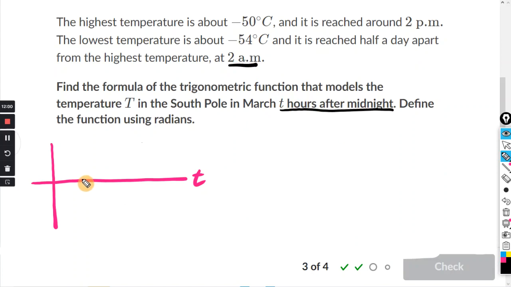All right, so right here, this is going to be a 2 because T is in terms of hours. 2 a.m. is 2 hours after midnight, and that's the minimum at -54. So maybe I'll put the 2 on the top instead so I can draw the graph below the axis. All right, this is 2 hours after midnight. The minimum is -54. So this right here is at -54.